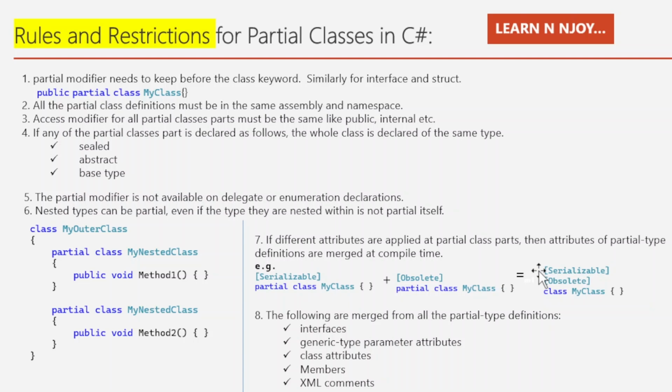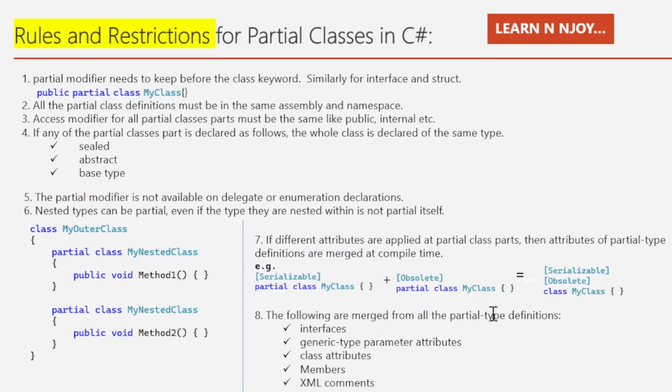And that's why you are able to see over here, this MyClass is having both attributes applied, Serializable and Obsolete, right? Number eight, the following are merged from all the partial type definitions. What are those? Interfaces, generic type parameter attributes, class attributes, members, XML comments. So all these are merged from all the partial type definitions.